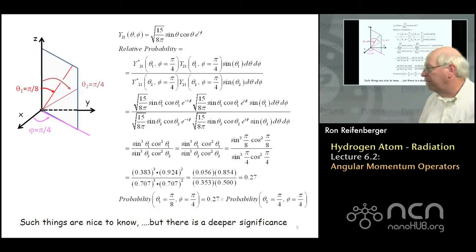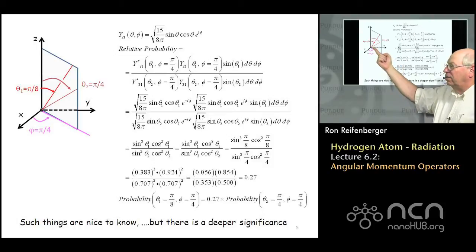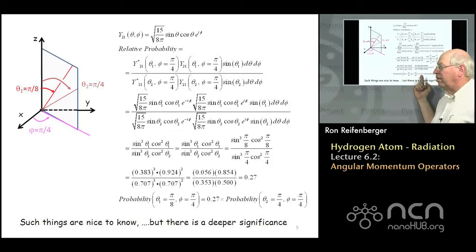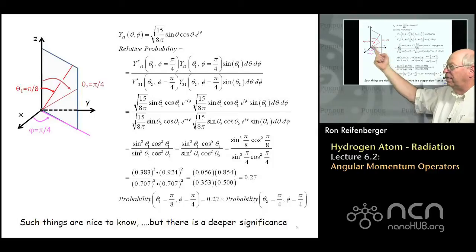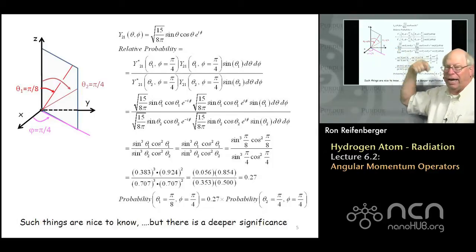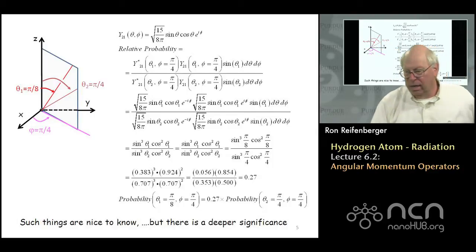It's not too terribly complicated. It's pretty straightforward. But at the end of the day, what you find is that the probability that the electron is along this line specified by pi by 8, that probability is about 1/4, 27% of the probability that you find the electron along this line in the hydrogen atom.